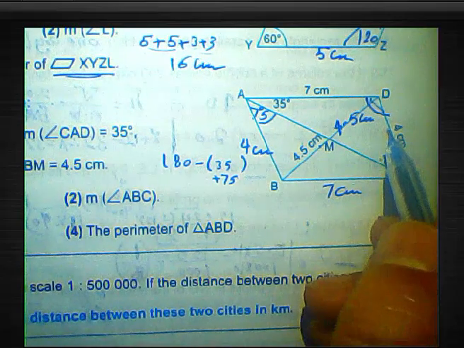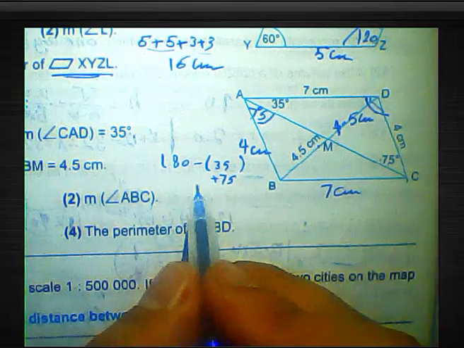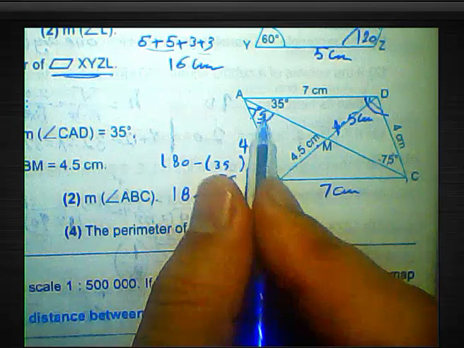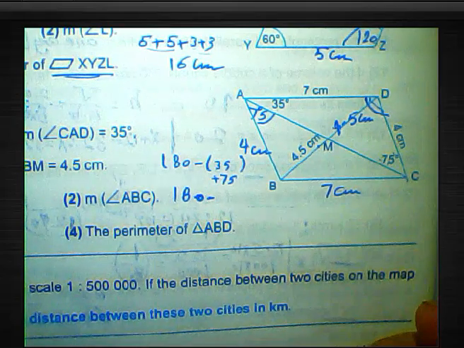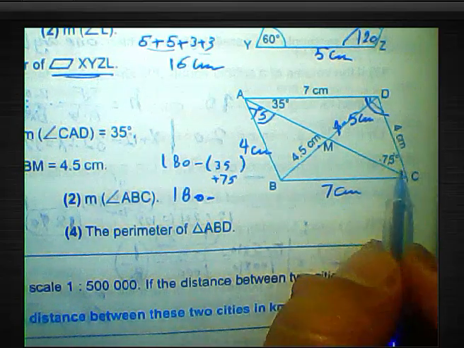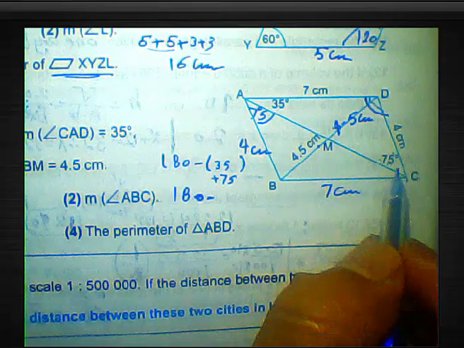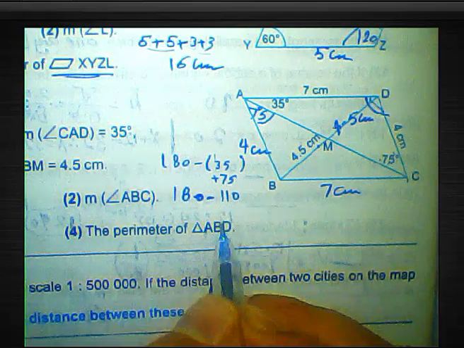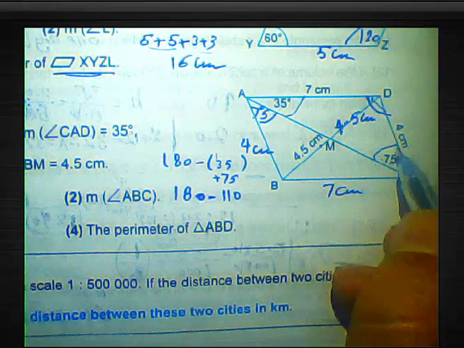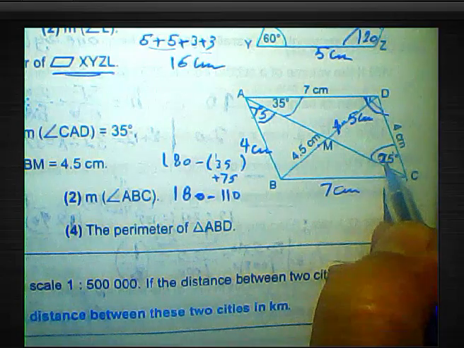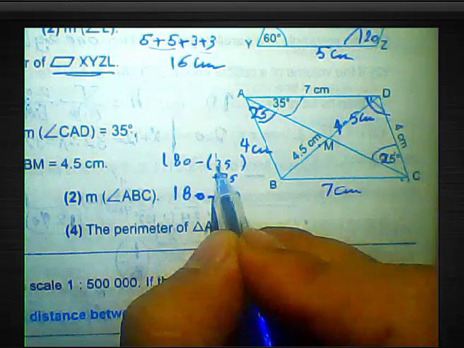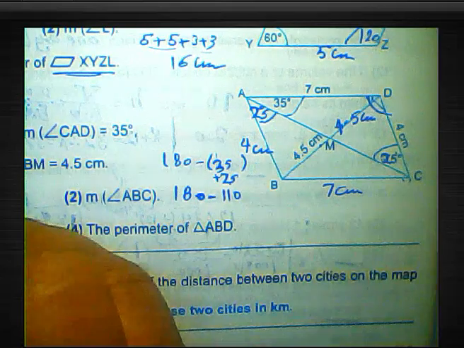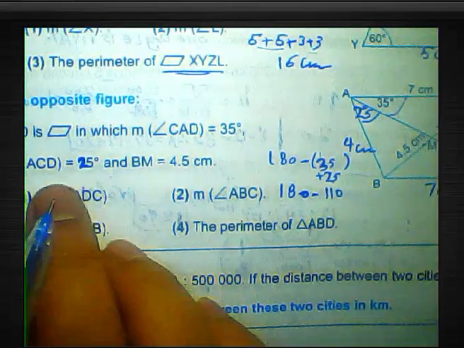180 subtract the sum of them. Okay, I will change this sign here because it was wrong. It will be 25 and 35. It was wrong here. So we must change this to 25.